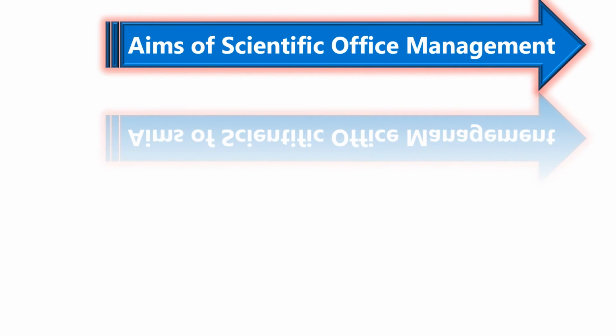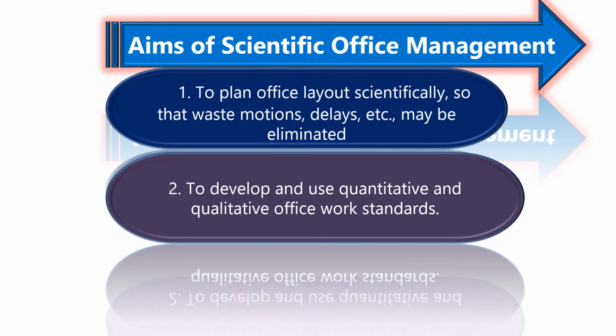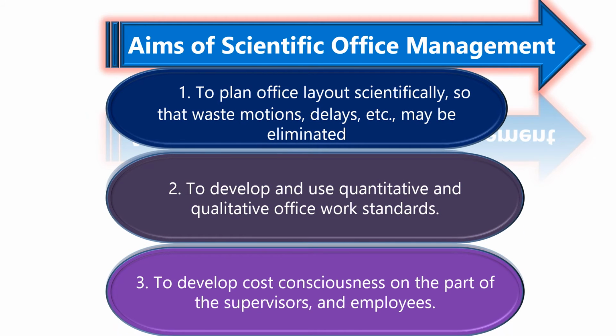Aims of scientific office management. There are 3 points here. The first is to plan office layout scientifically so that waste motion, delays, etc. may be eliminated.